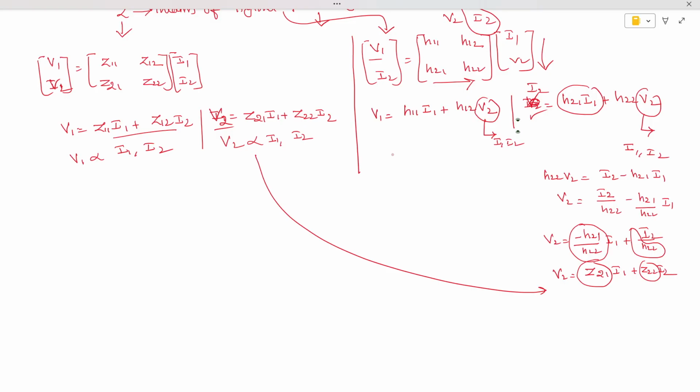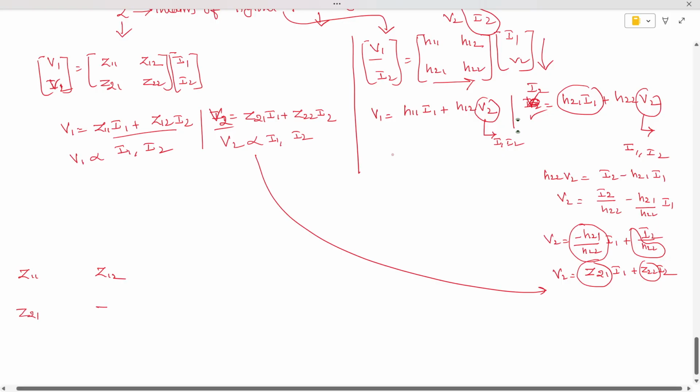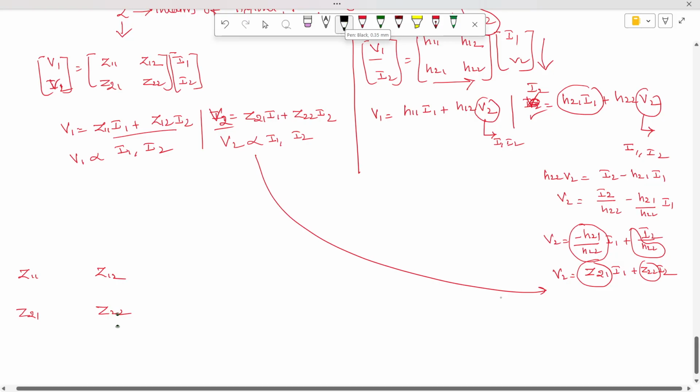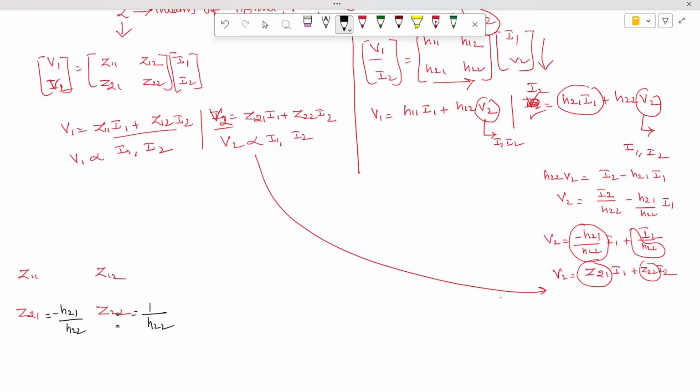So what is the value of Z21? Minus H21 divided by H22. What is the value of Z22? 1 by H22. We require these two.